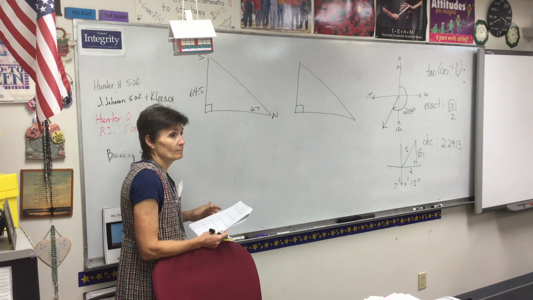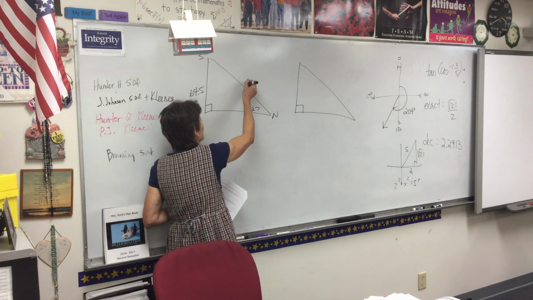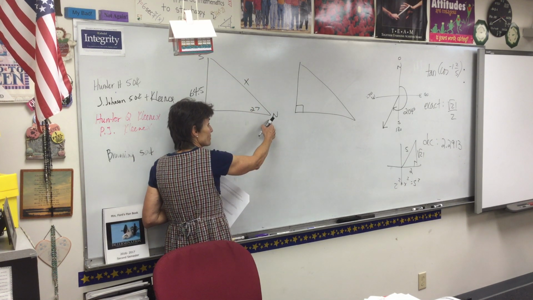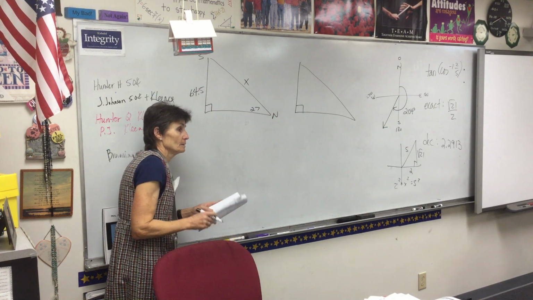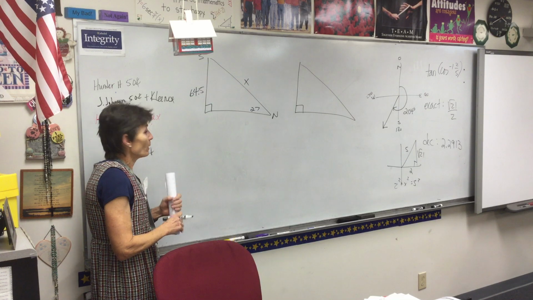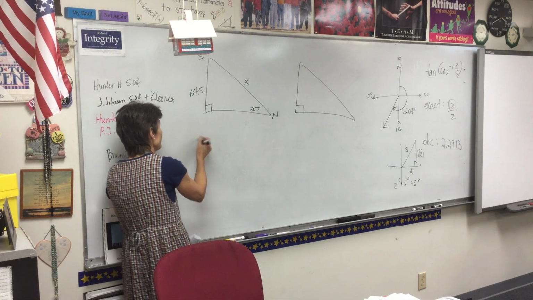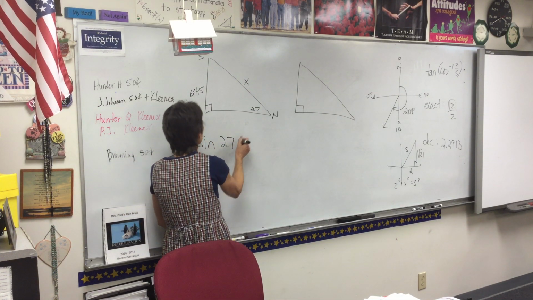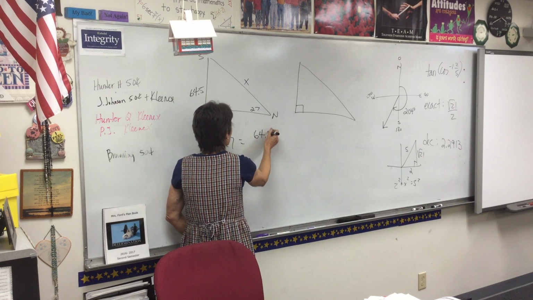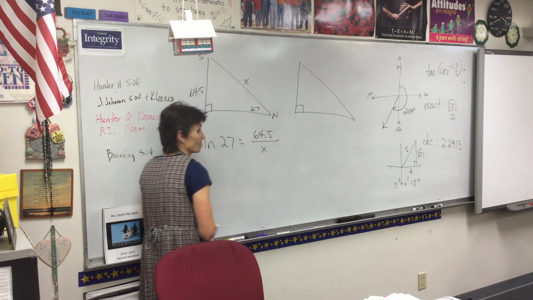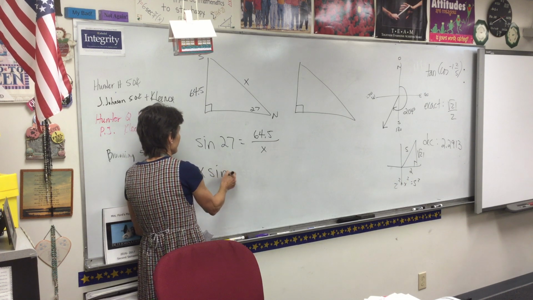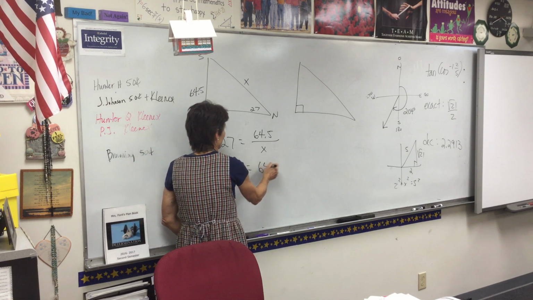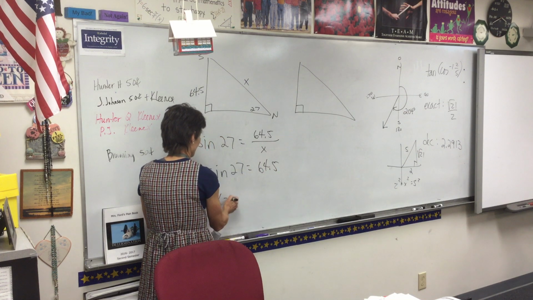Where does the X go? Hypotenuse. There's the squirrel, there's the nut. That's their distance apart. What equation do we have? Sine 27 equals opposite over hypotenuse. When you solve this, bring the X over, and then you're going to divide.